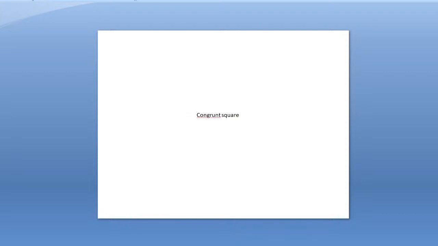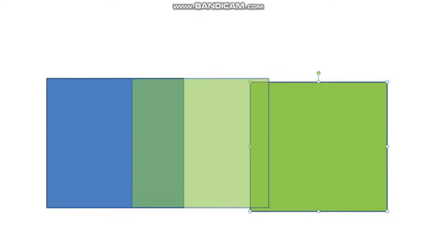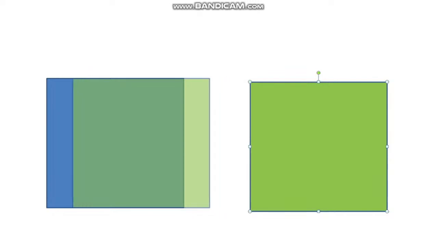Okay, see here, one square completely covers another. See, this is because they are congruent squares.